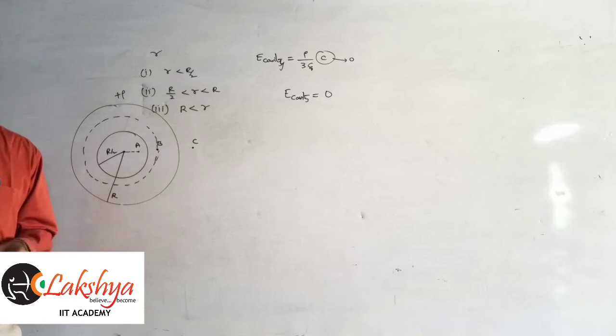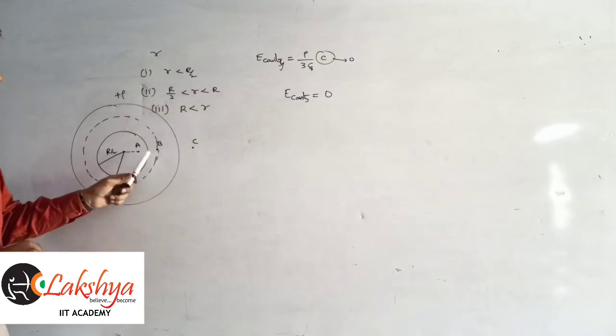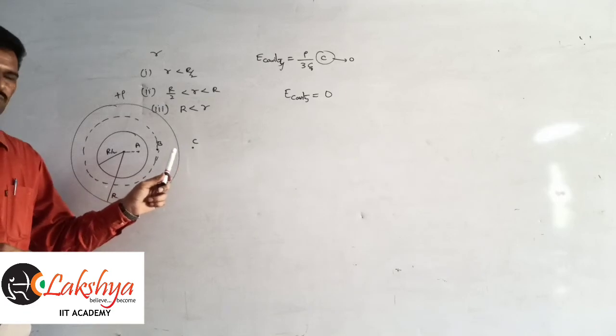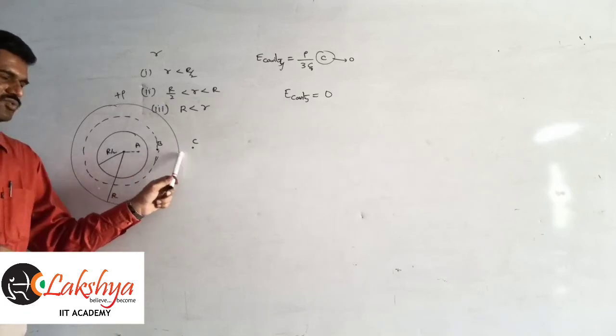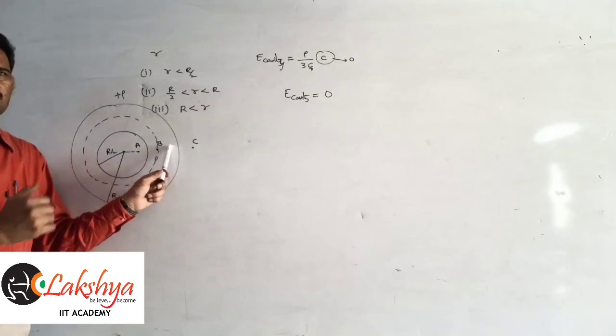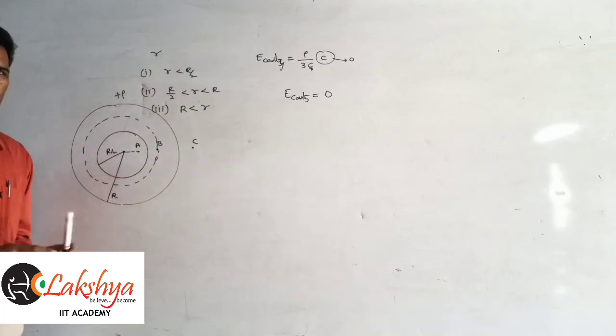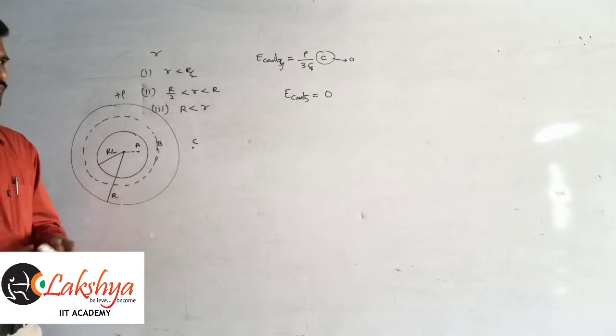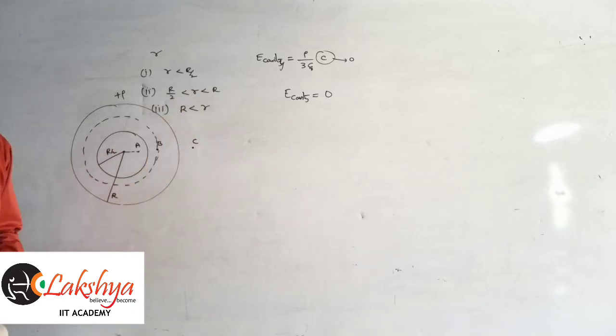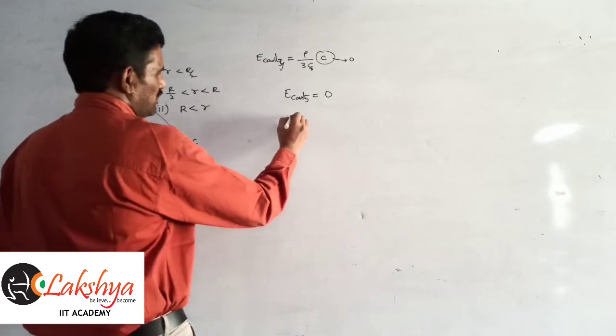And so due to all these thin shells from R by 2 to R, electric field at this point will be 0 only, right? So like that also we can explain, or by using this formula also we can write here. Therefore I can write the intensity of electric field at point A is 0.